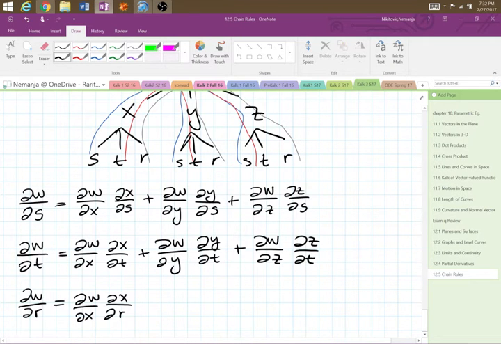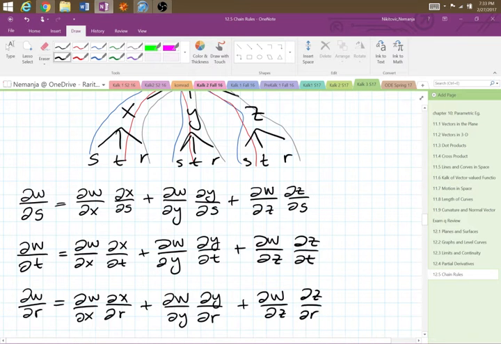So partial W, partial X, partial X, partial R. And done deal. These are the formulas. Now you're going to have equations. You take these derivatives, you plug them in, solve everything. It's an easy 20 minute thing.